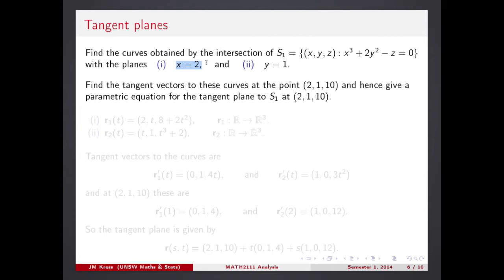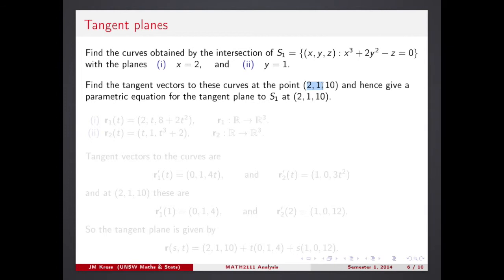Numbers 2 and 1 are not accidental, because both of these planes go through the same point, 2, 1. So we're just spinning our example around the same point, 2, 1, or 2, 1, 10 in space, if you consider the three-dimensional position of that point, 2, 1 on the xy plane.